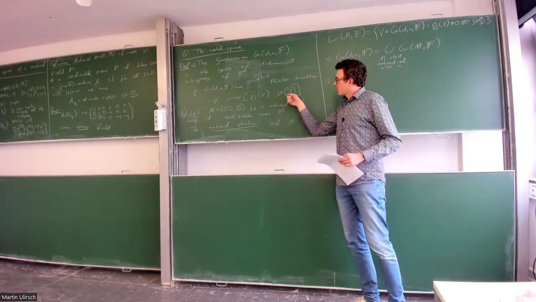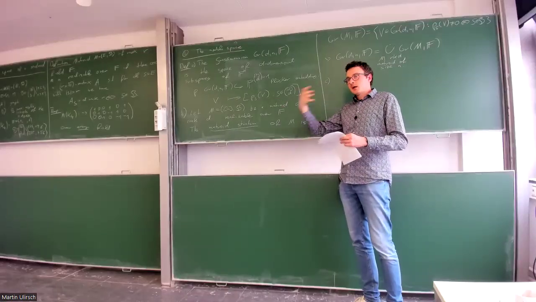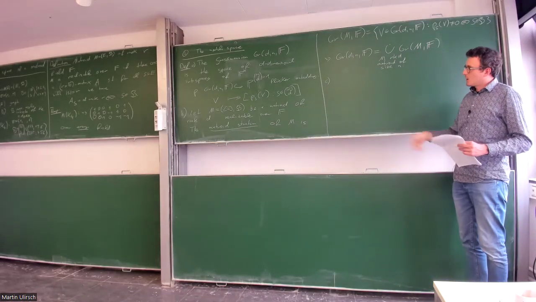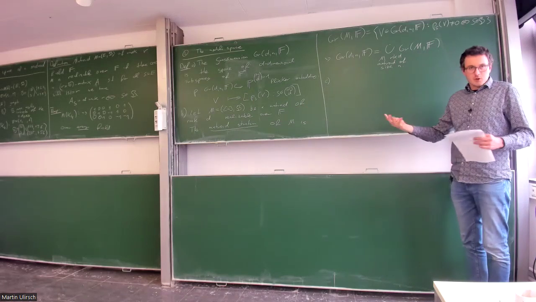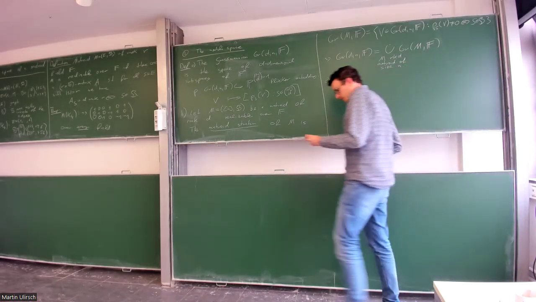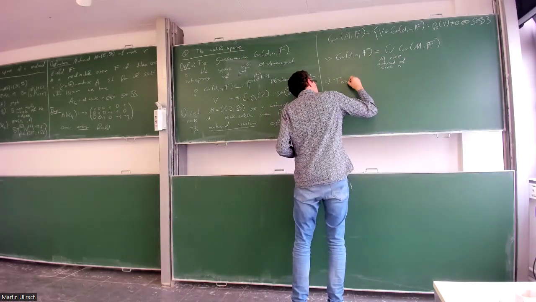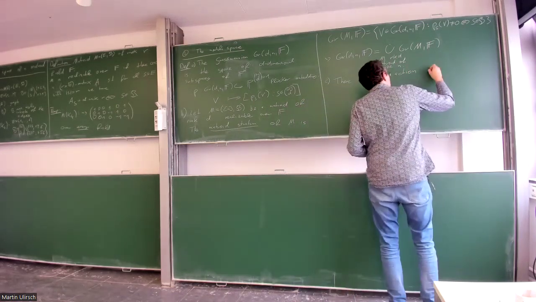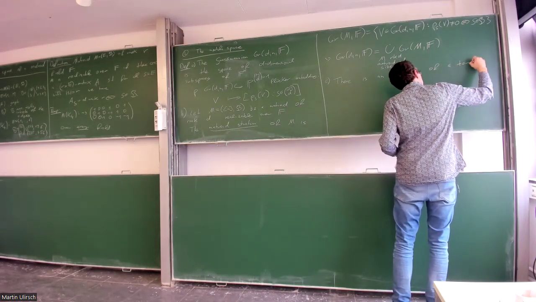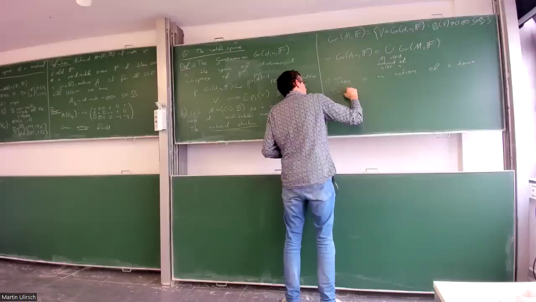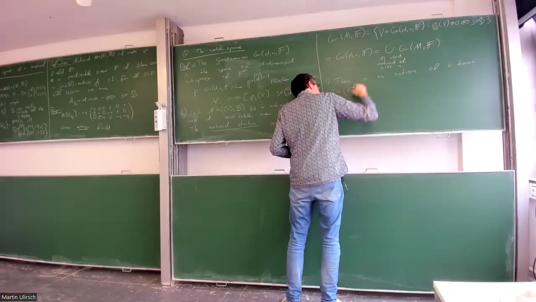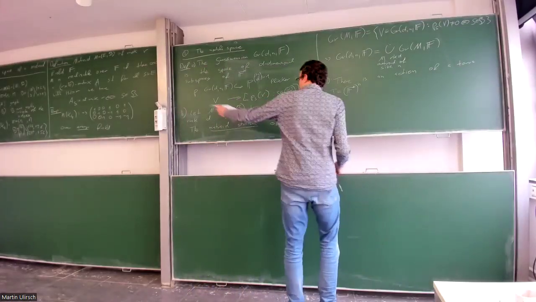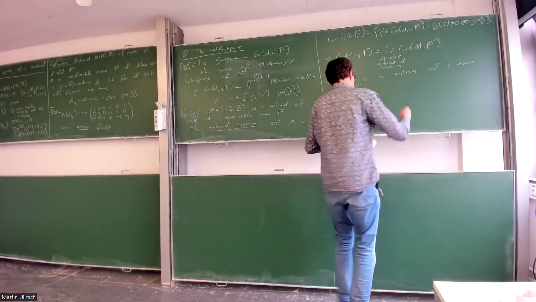The vanishing and non-vanishing of these Plücker coordinates does not change, meaning that by scaling the columns, I stay within the same matroid stratum. So there's an action of a torus, F star to the n, where every coordinate acts on one column of my matrix representing the subspace, on the matroid stratum.